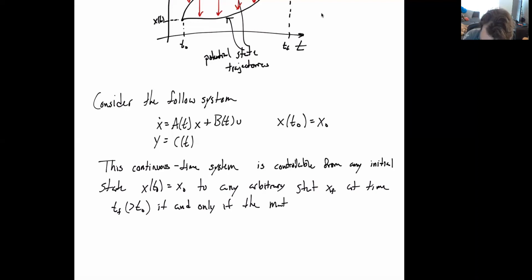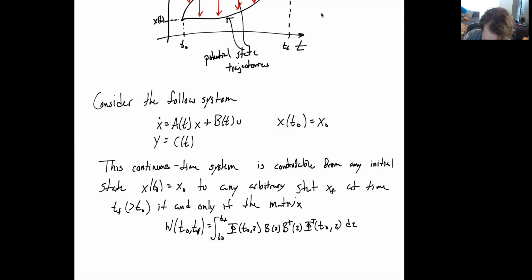the matrix, let's call it W, the controllability Gramian, W of t naught, tf is equal to the integral from t naught to tf of the state transition matrix times the controller matrix times the transpose of the controller matrix times the transpose of the state transition matrix.